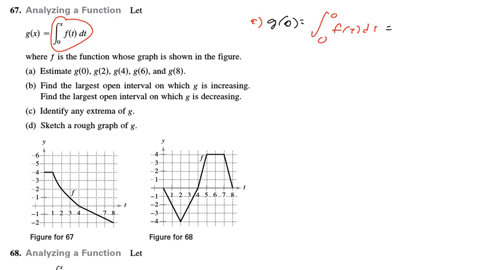Here we're plugging in the 0, right? So what is the integral from 0 to 0, everybody? If we did an integral from one number to the same number, what did that make for us?